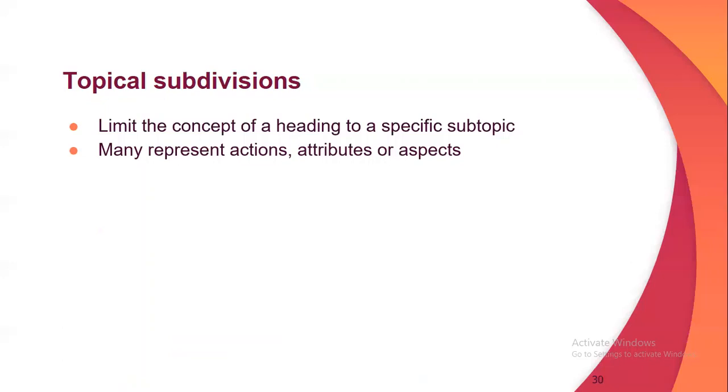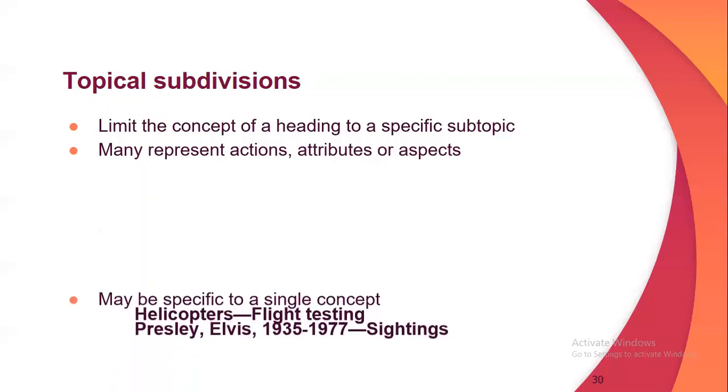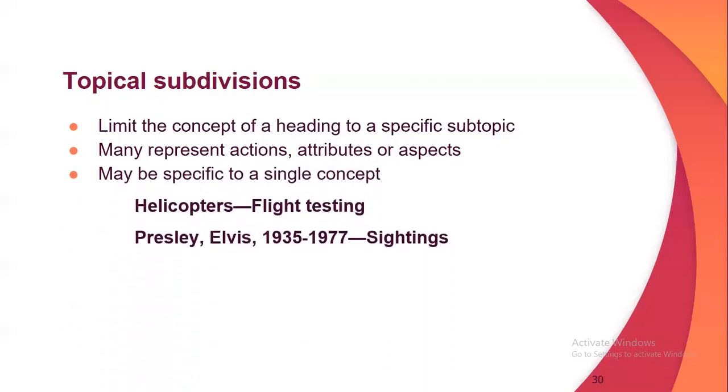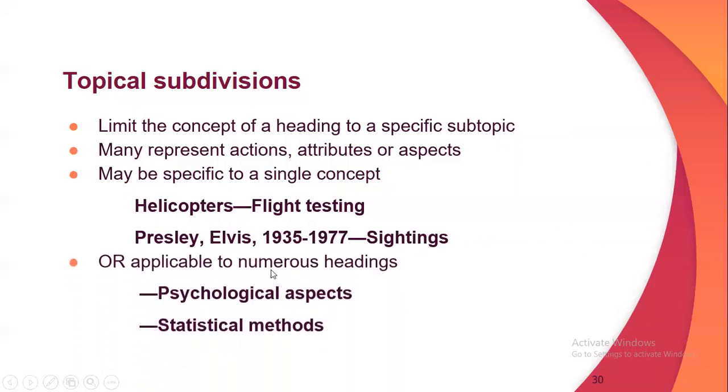When more than one topical subdivision is used with a main heading, it refines the concept and makes it more specific. Example, Helicopters, Flight testing. Presley, Elvis, 1935 to 1977, Homes, Sightings, were applicable to numerous headings, Psychological aspects, Statistical methods.